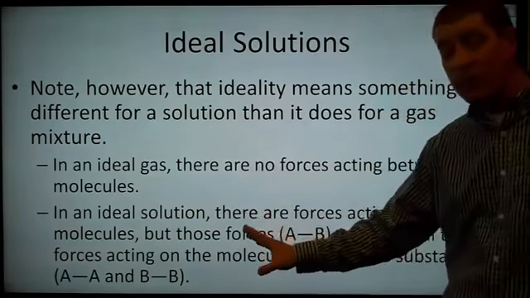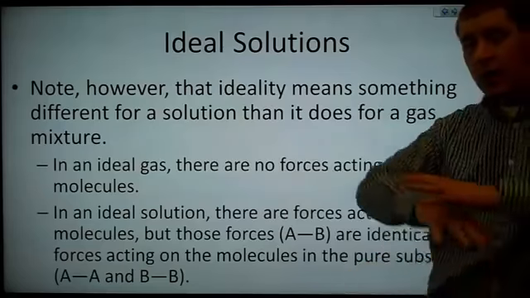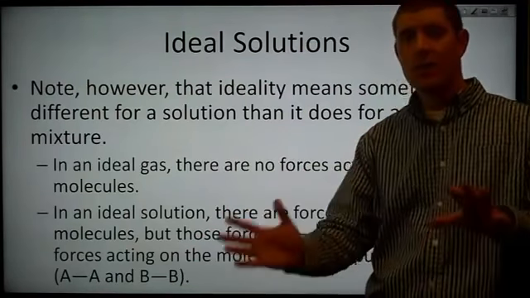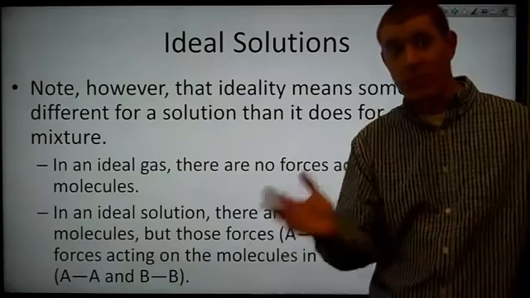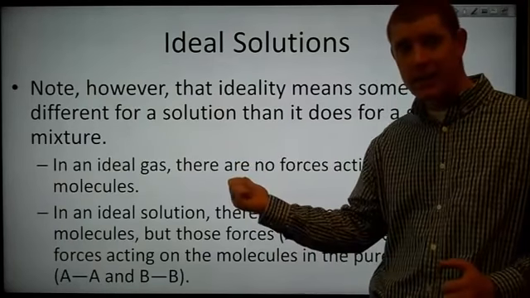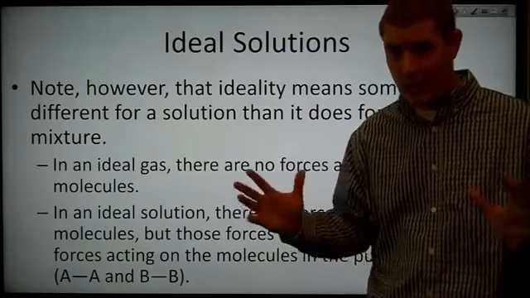So this is what we mean for an ideal solution. For an ideal solution, we can have huge intermolecular forces as long as they're no different than before mixing. Because before mixing in a liquid, we have intermolecular forces. Before mixing in a gas, we don't, or at least that's what we're assuming for an ideal gas.